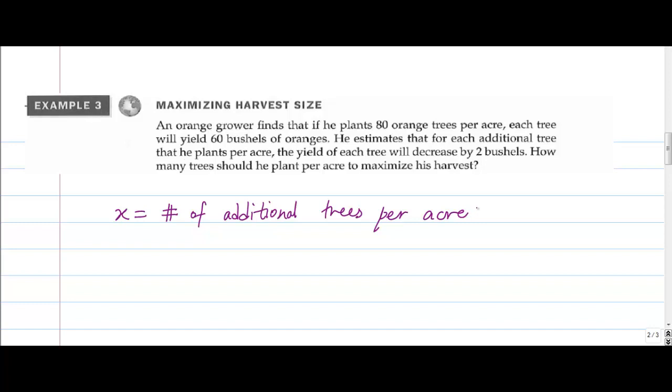Okay. And how many trees should he plant per acre? If he plants 80 orange trees per acre, each tree will yield 60 bushels of oranges. But for each additional tree, the yield of each tree will decrease by 2 bushels. Okay, and we want to maximize our harvest.